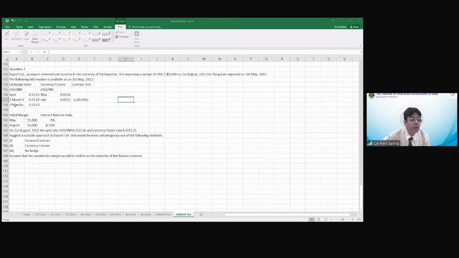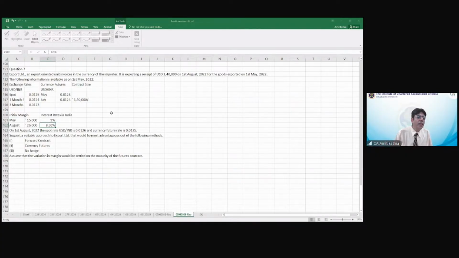Now, initial margin to be paid out for May obligation is going to be 15,000. August obligation, it is 26,000. And interest rates in India for May obligation is 9%, and for August obligation, it is 8.5%.